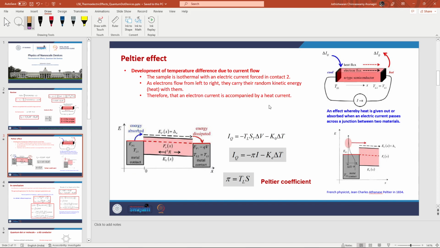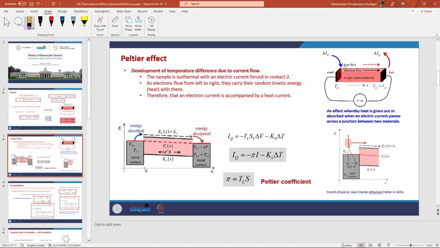So yeah, the heat current is given by this expression, the derivation of which we have followed before. So from this we can write, essentially we can combine these two quantities, and write it as pi times I, and this quantity is the Peltier coefficient.